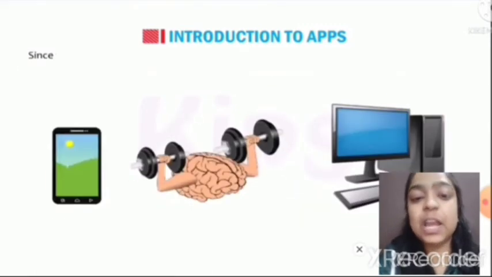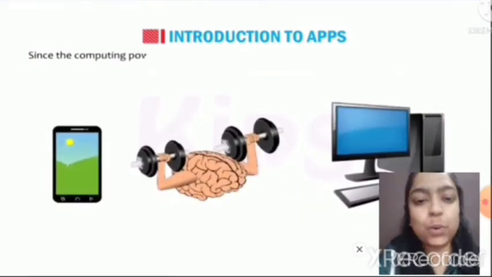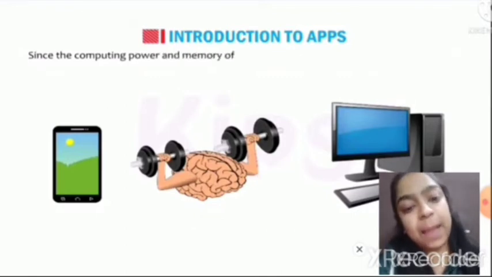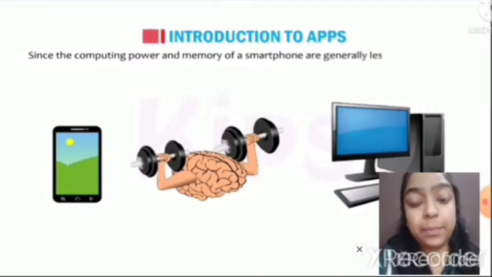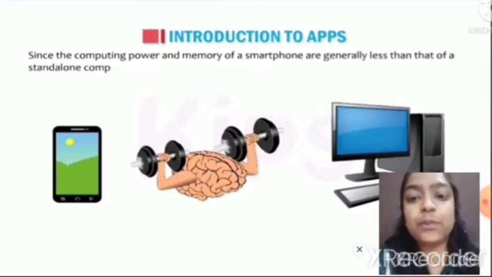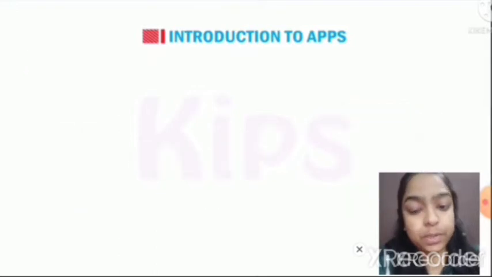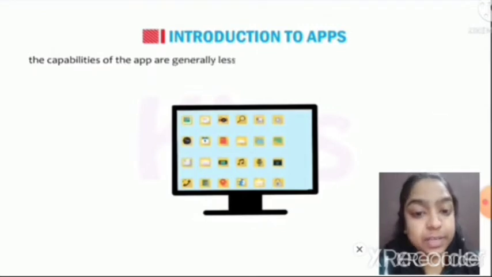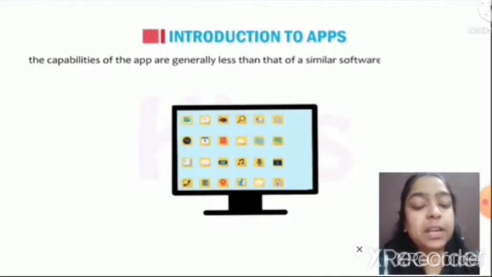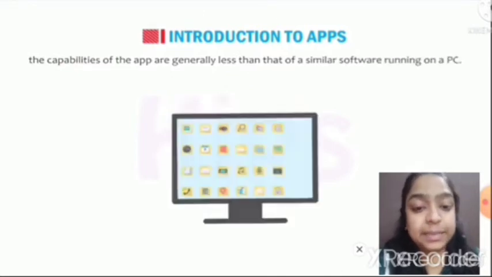That means in today's time there is not much difference between a laptop and a mobile phone, although the computing power and the memory of a smartphone are generally less than that of a standalone computer. The capabilities of apps are generally less than those of similar software running on a PC.